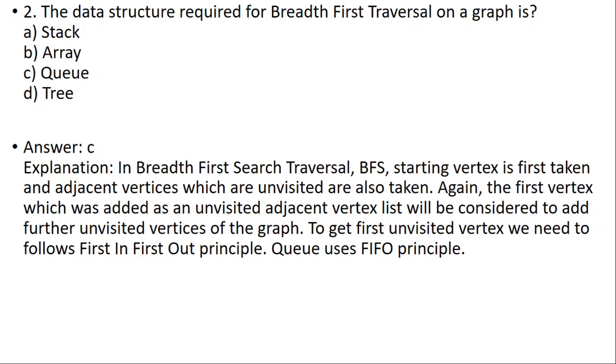Again, the first vertex which was added as an unvisited adjacent vertex list will be considered to add the further unvisited vertices of the graph. To get first unvisited vertex, we need to follow first in first out principle. Queues use the first in first out principle.